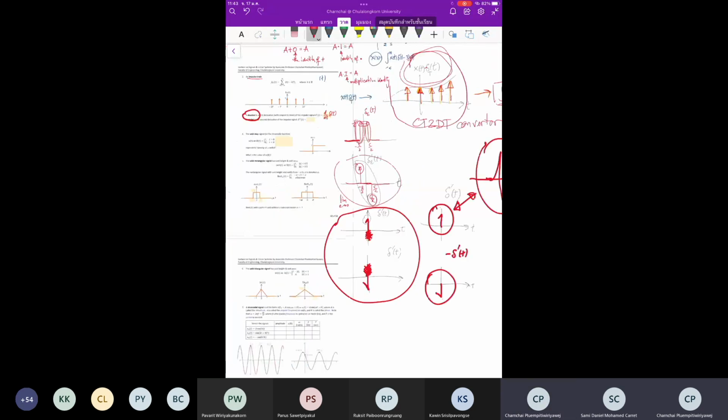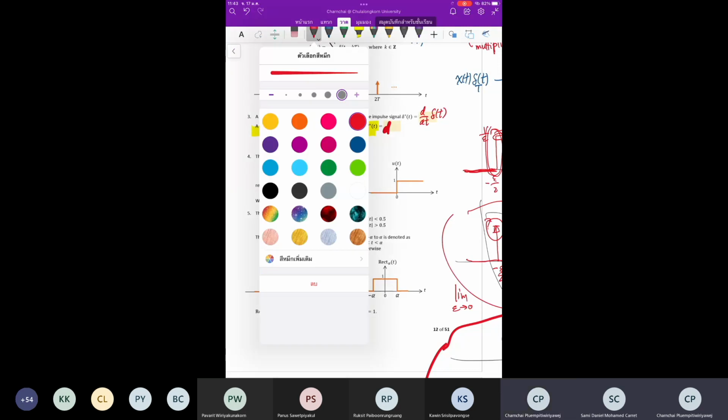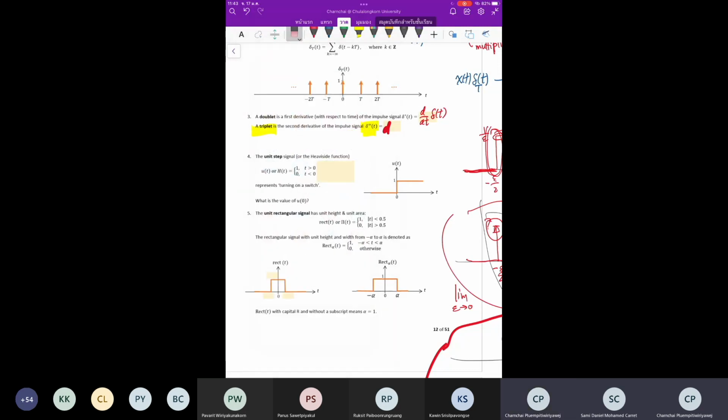And we could have the triplet notation. The triplet would be the second derivative of delta t, which is d squared by dt squared of delta t.